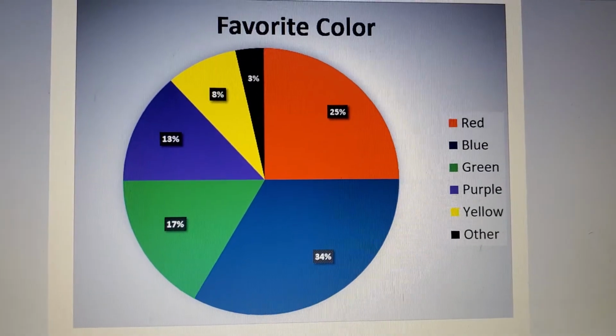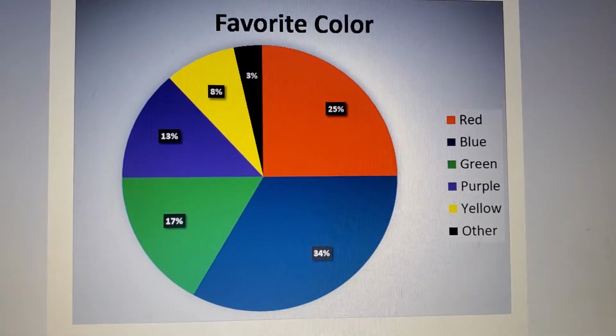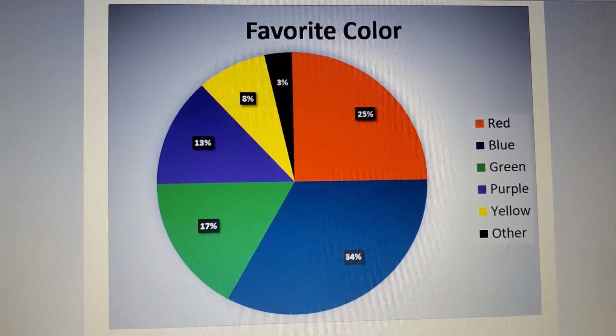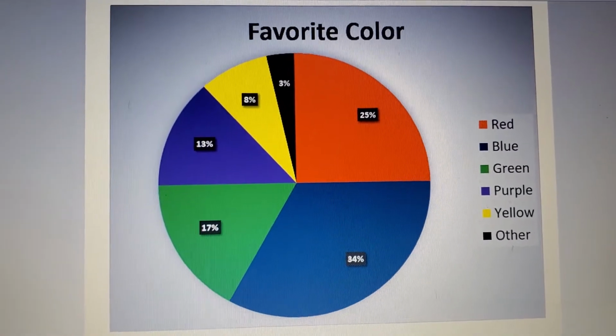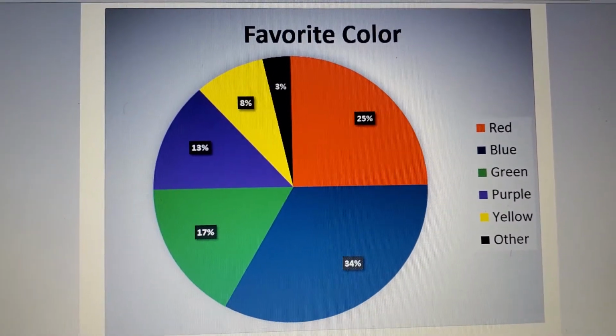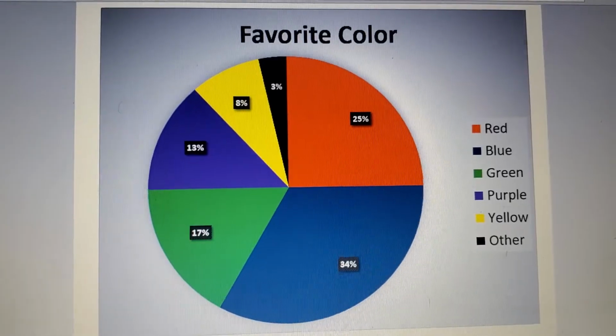So the maker of this chart wanted to take a little bit further step in providing information and give you the percentages, but still didn't feel that you needed to know the total number of people surveyed.